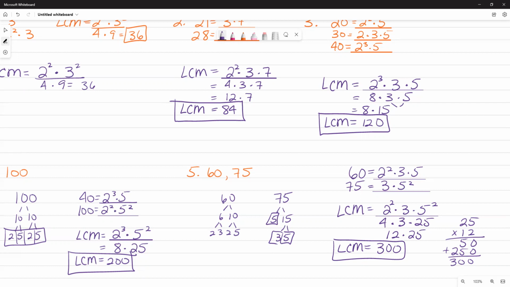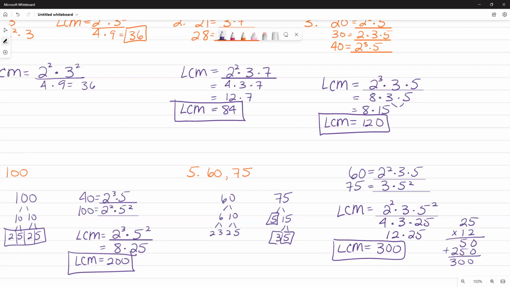Because 300 is the smallest number that's 60 times something and 75 times something. Like 75 times 4 equals 300, and 60 times 5 equals 300. So 300 is the smallest number that is a product of 60 and 75 times some other whole number.